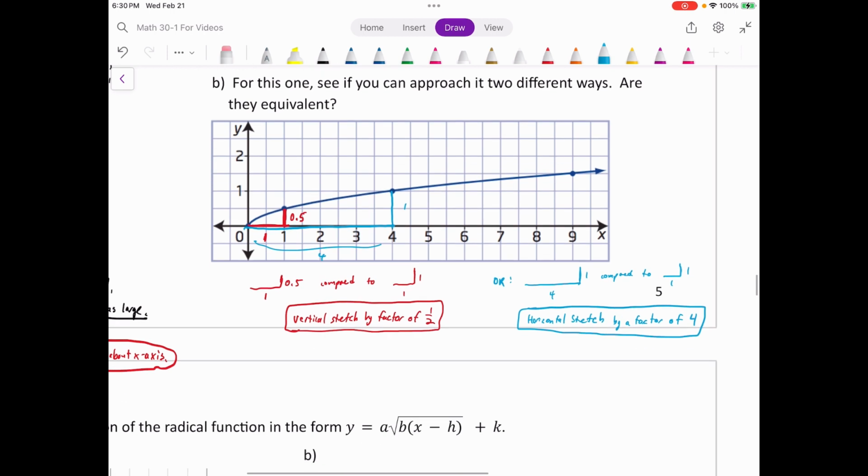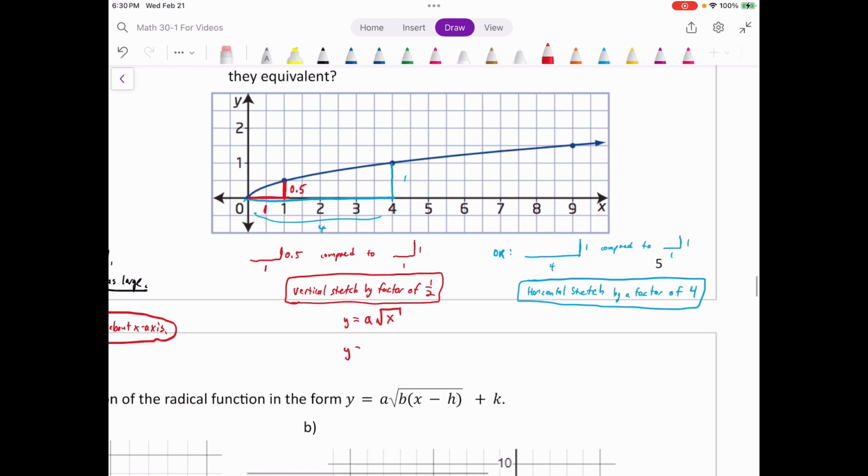Let's see. Are these ideas really the same thing? So if I think of it as an a, as a vertical stretch, y equals a root x. Well, that means my equation here would be y equals 1/2 root x.